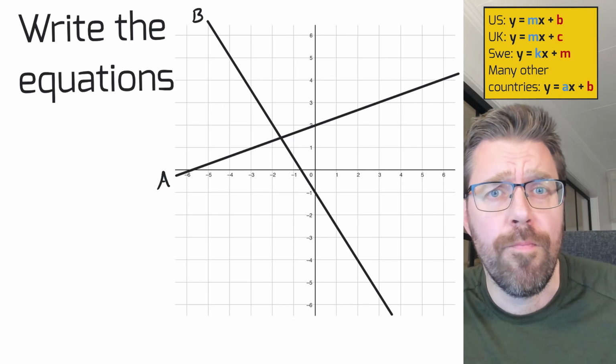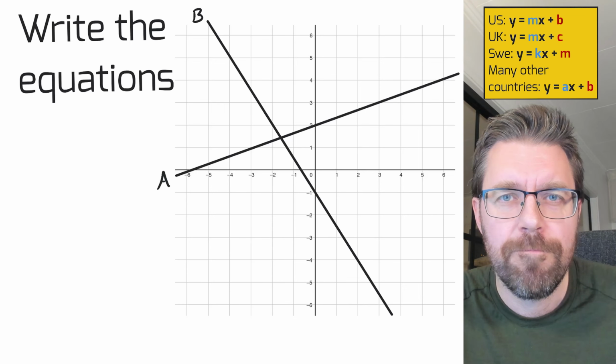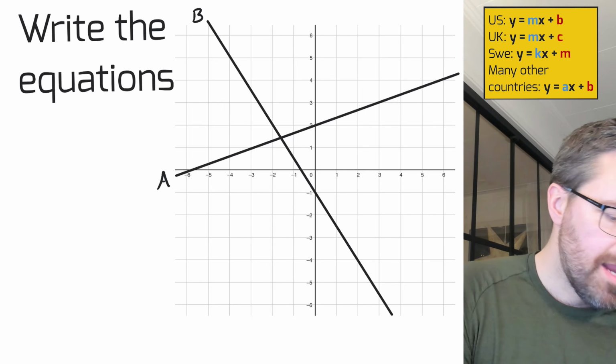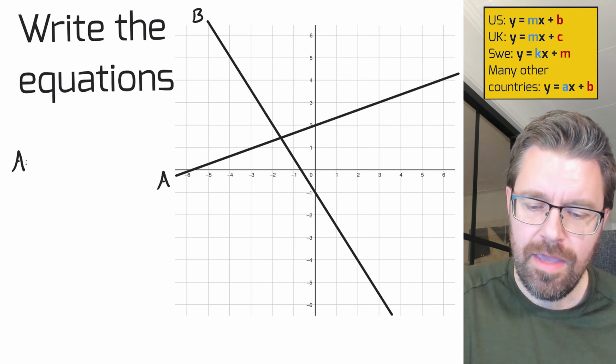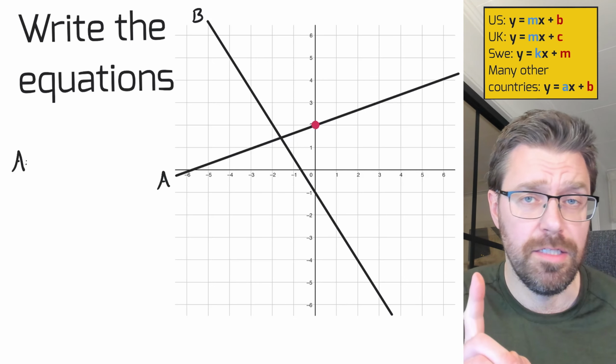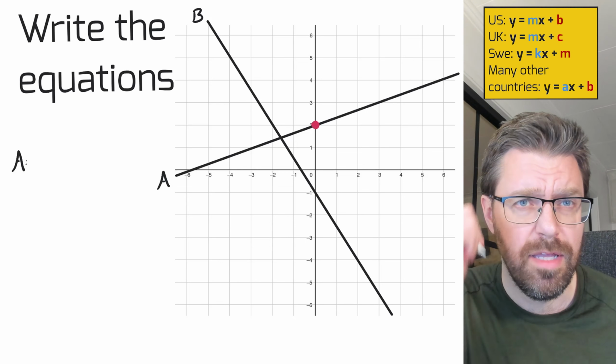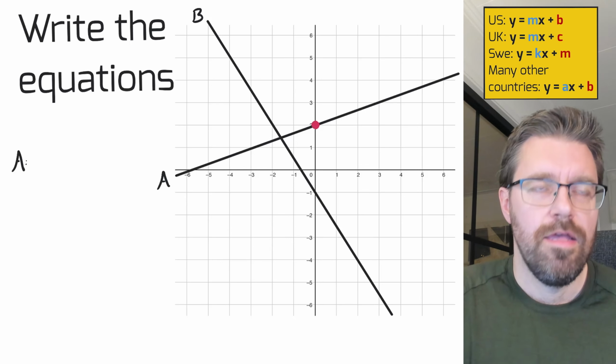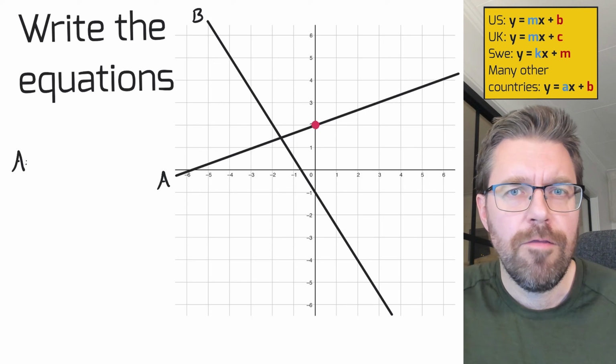Then we have 2 examples. Write the equations. The equation for line A, what is this? I start with the y-intercept here. It is the number 2, and I put it in my mind. So then we have the slope.